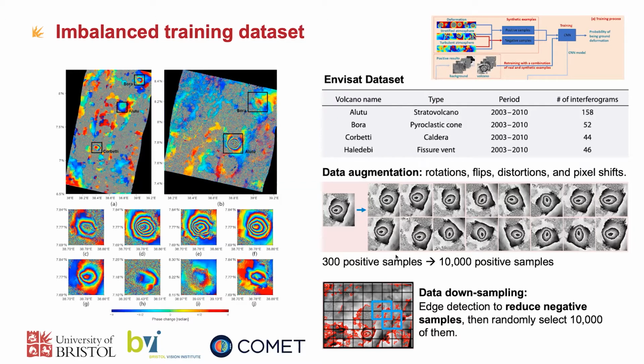Another method that we used: you can see from the previous example that we have so few positive volcanoes that deform, and if we want to use the model to detect deformation across the whole world, we don't have enough characteristics of deformation.